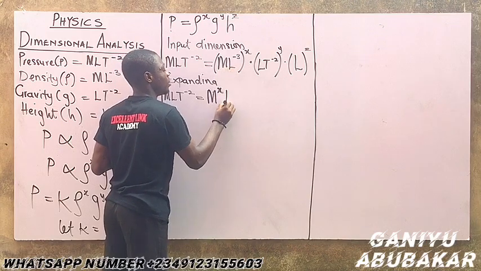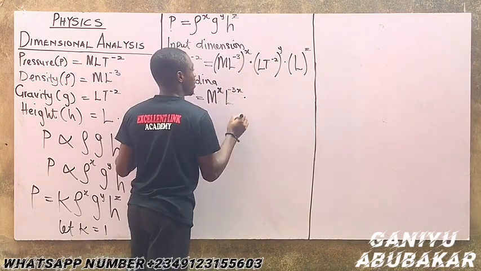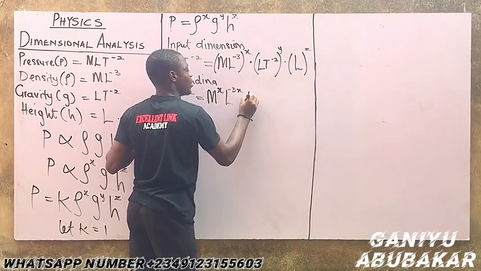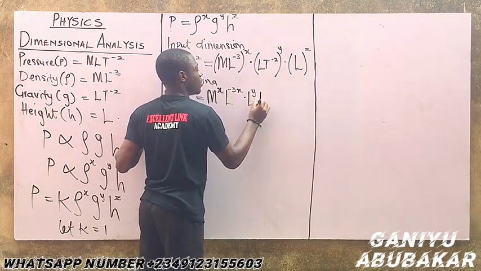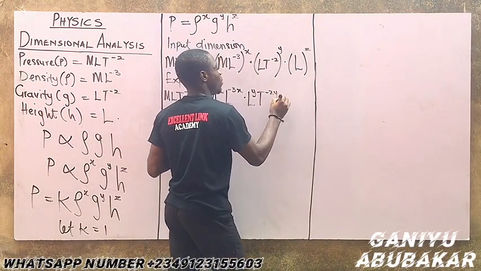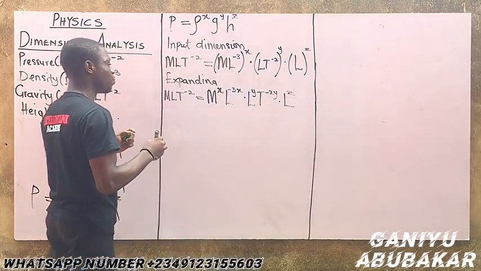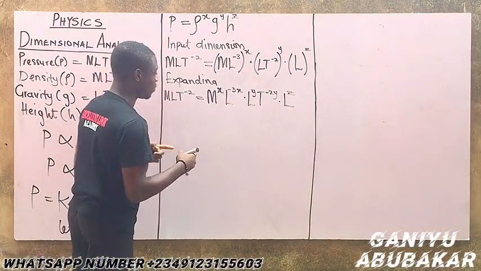Next up, L to the power minus 3, attach this x to it. I'm having a dot here. I'm having L to the power y. Next up, T to the power minus 2y, attach this y to it. Next up, I'm having dot L to the power z. I'm having z here.